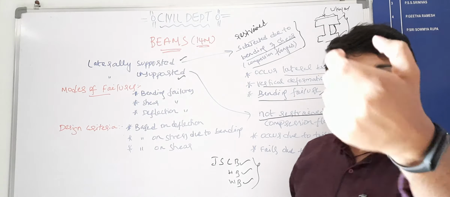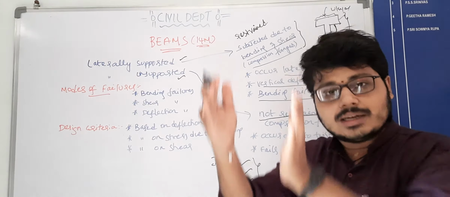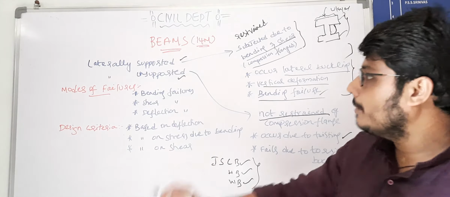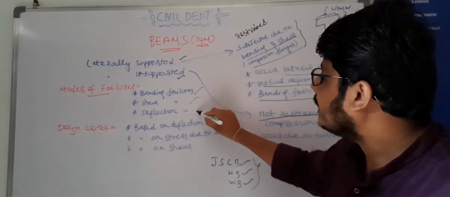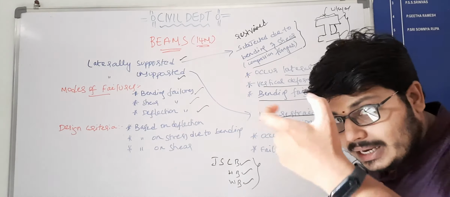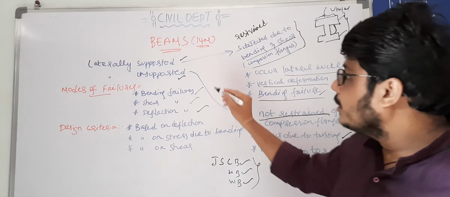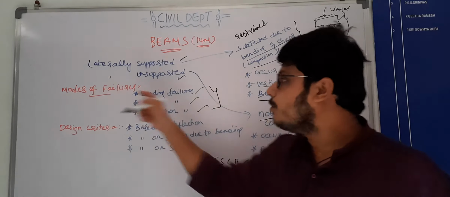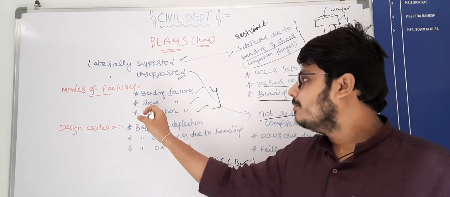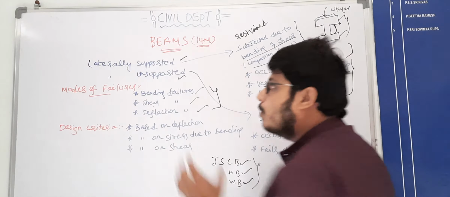If we take a section for design like ISLB, ISHB, ISWB, and we have done the design, we should follow the checks of bending, shear and deflection. You should satisfy all modes of failure: bending, shear and deflection. Okay, these are the modes of failure.